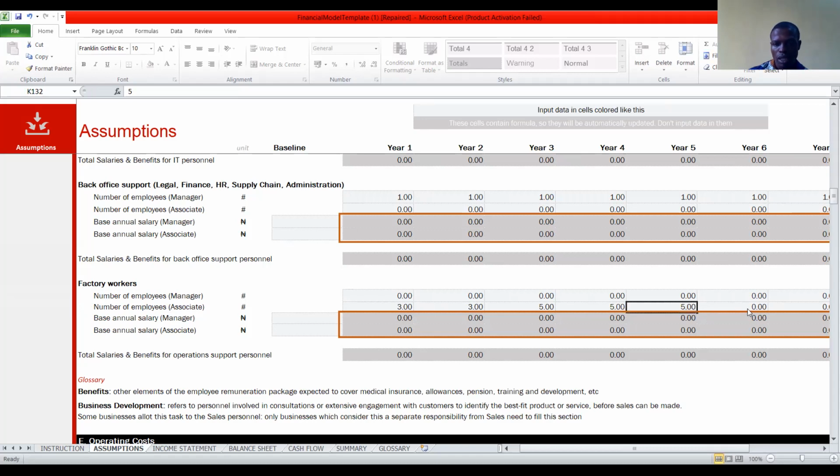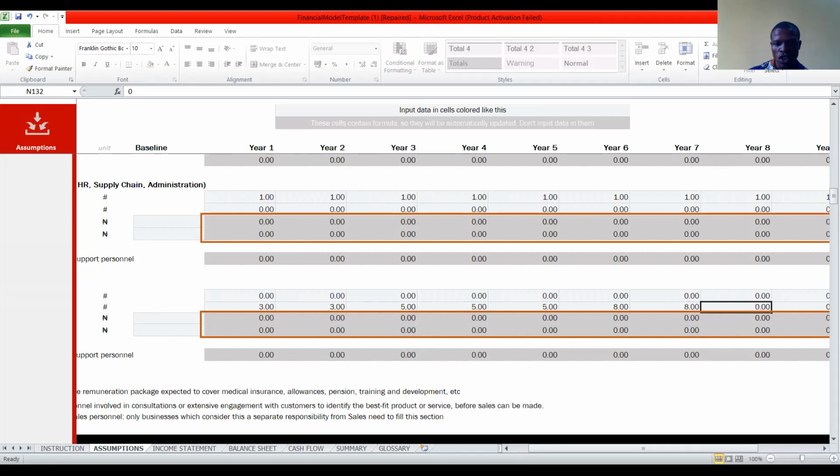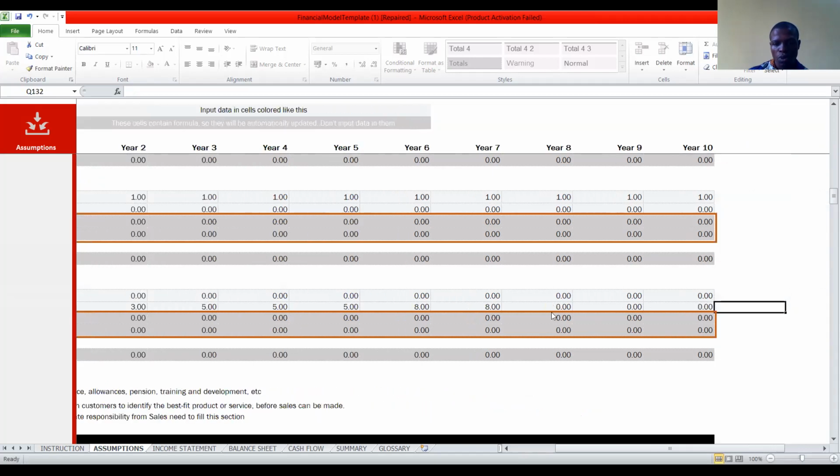Then we increase to 8. As your business increases, your number of staff will also increase because of capacity. Increase to 10. This is what we are forecasting for this person.